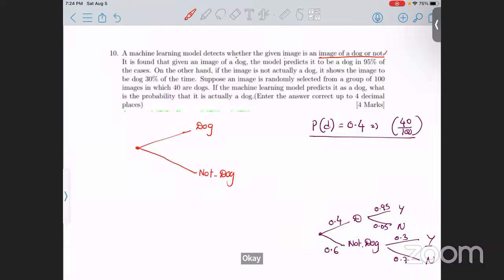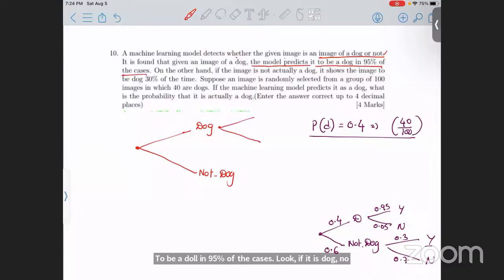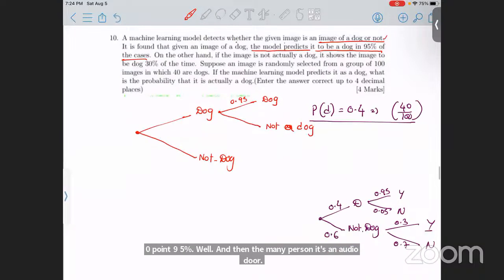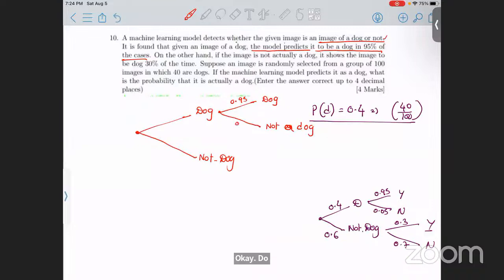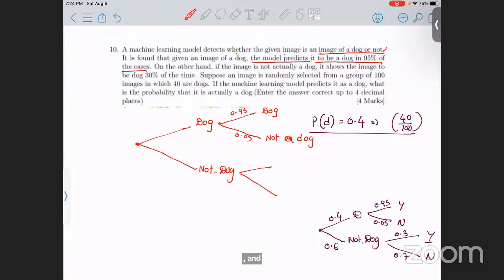It is found that given an image of a dog, the model predicts it to be a dog in 95% of the cases. Look, if it is a dog, now there is a prediction: 0.95, it says dog, and the remaining percent it says not a dog, 0.05. Why 0.05?